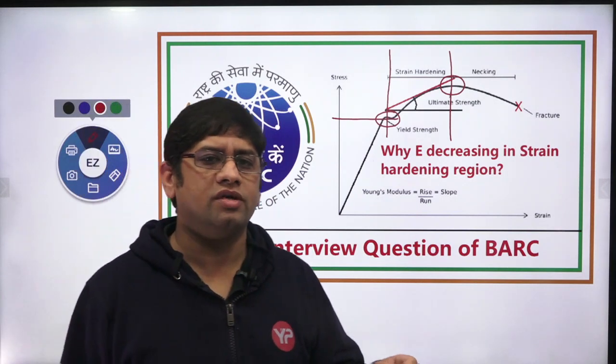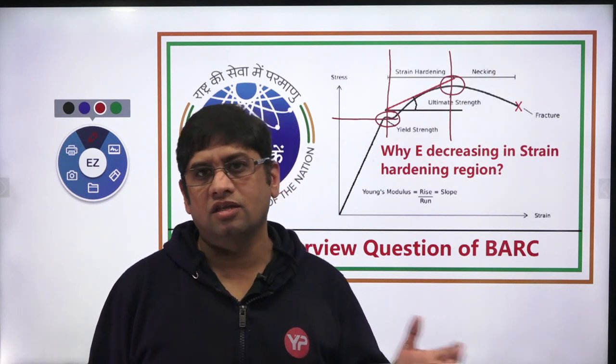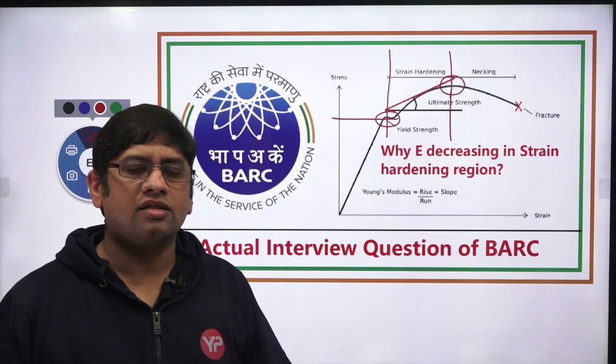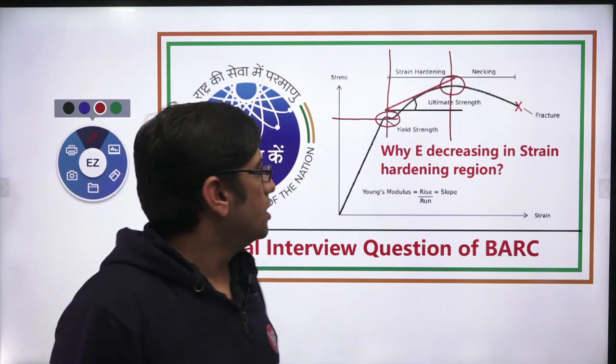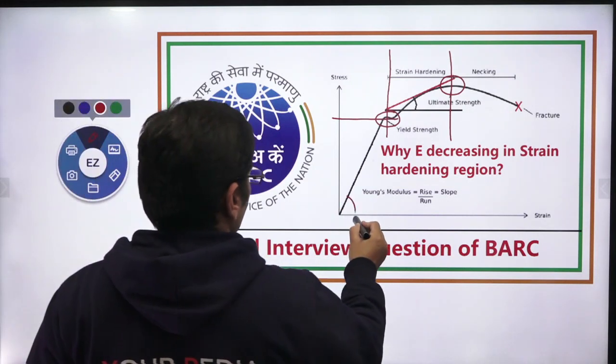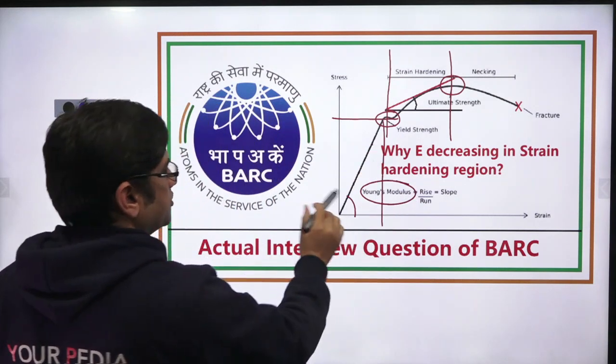So in mild steel, there is a strain hardening region in the plastic zone, and in that region there is an increase in the strength of the material. We also know that the slope of the stress strain diagram is Young's modulus, that is, stress per unit strain.